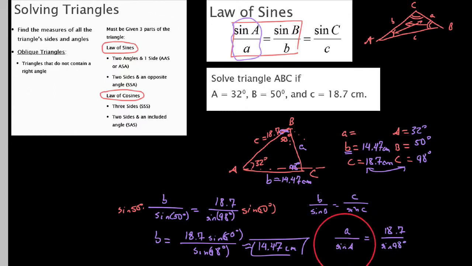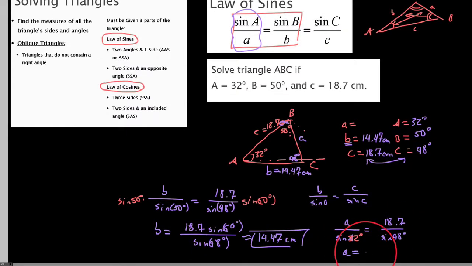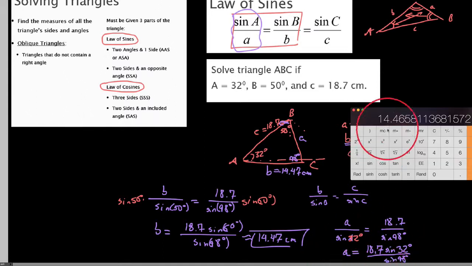So now, again, this A right here, my bad, this is 32 degrees, we know this. Essentially, we could take both sides times the sine of 32 degrees, and we get a equals 18.7 times the sine of 32 degrees on the right, all over the sine of 98 degrees, and we'll go ahead and get a value for this.